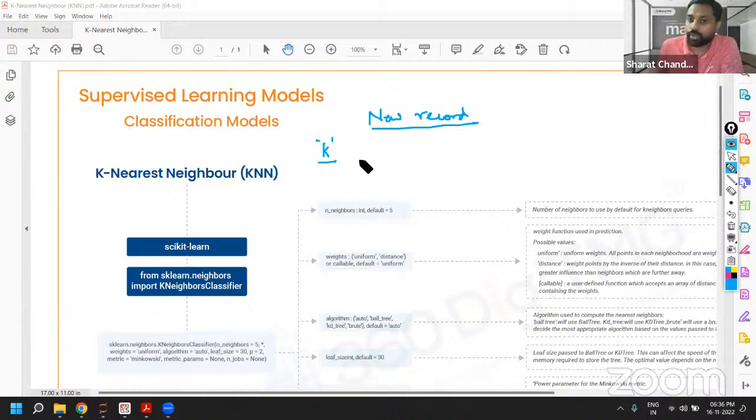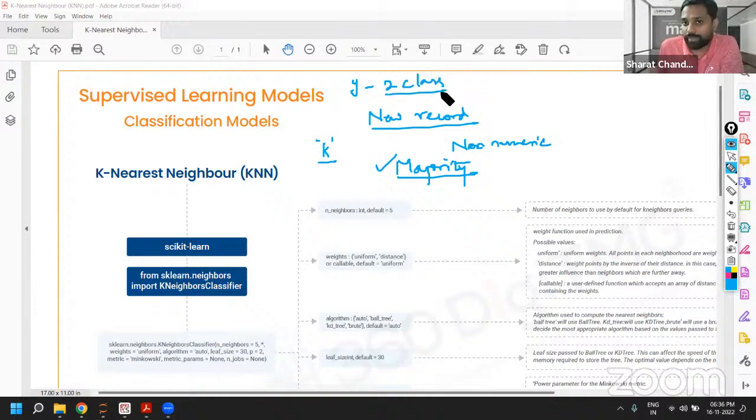There are certain conditions we need to look at whenever we talk about a classification model, that is, when we are trying to define non-numeric values. Then the KNN method goes with the majority, that means the mode concept. This is the first point. And when it is able to get the majority, it's very easy to predict. But if you're not able to get a majority, for example, if I have a two-class problem, that means a binary problem, then I cannot choose k equal to 2 or any even number, multiples of 2.